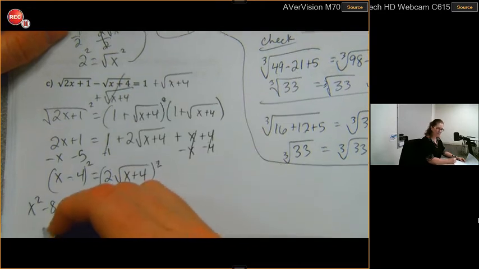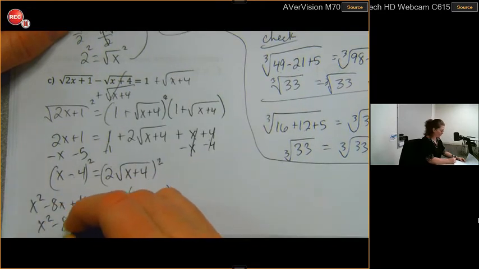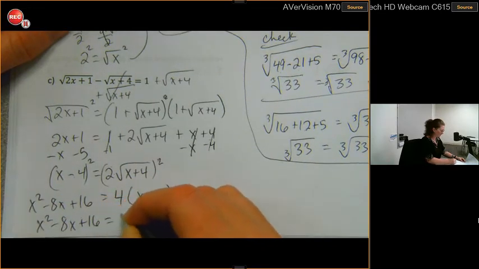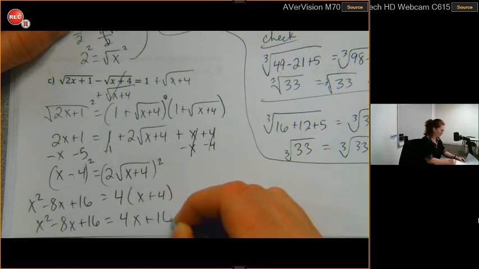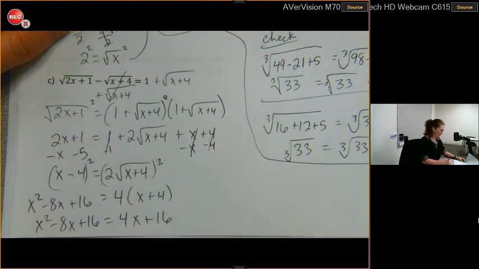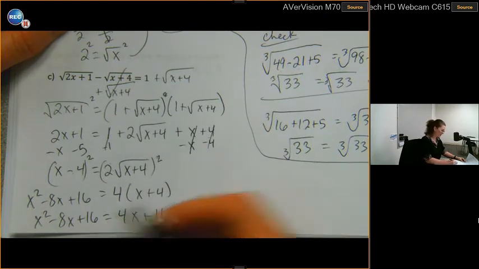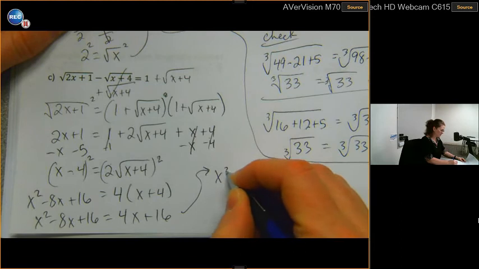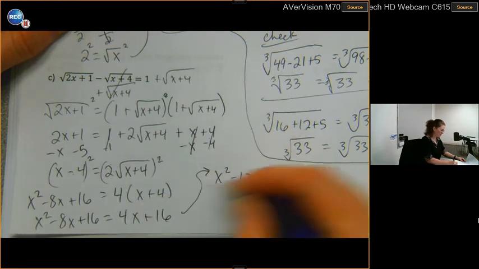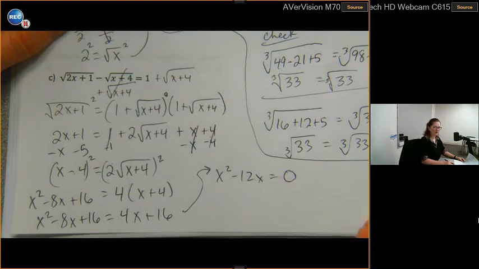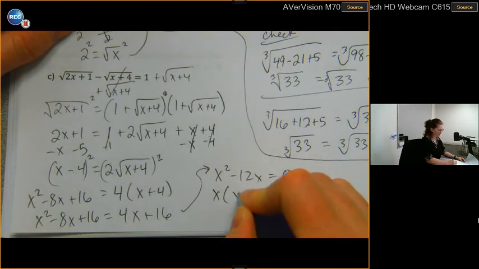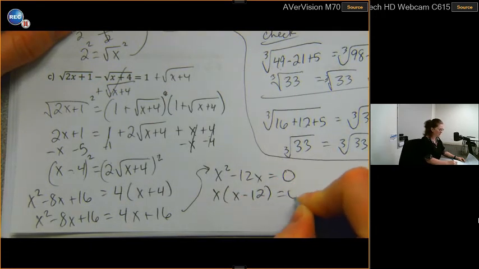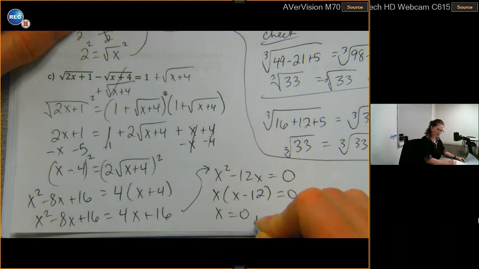Distribute the 4. And then, since it's x squared, get everything on one side of the equal. So I'm going to subtract 4x and subtract 16. Solve by factoring.